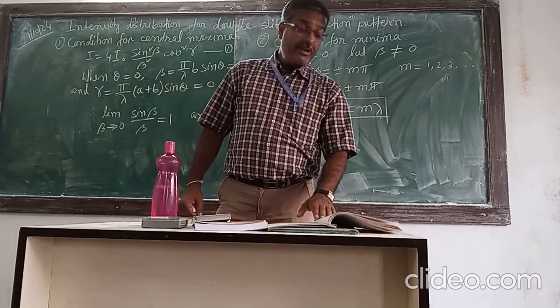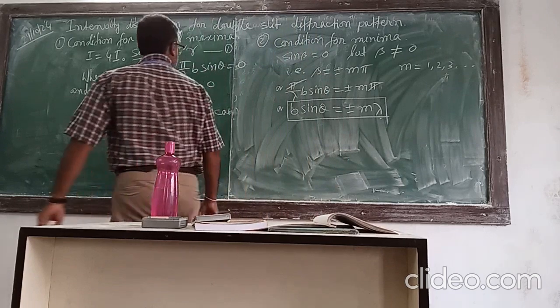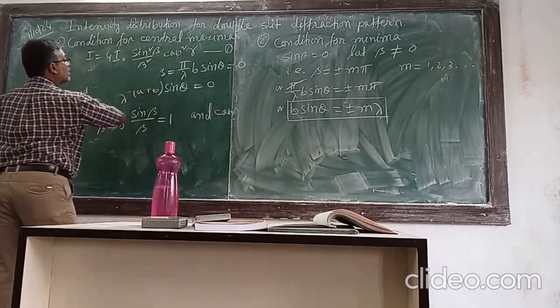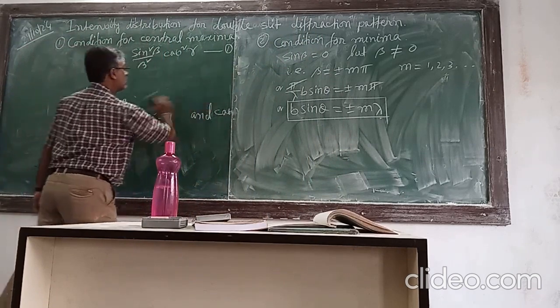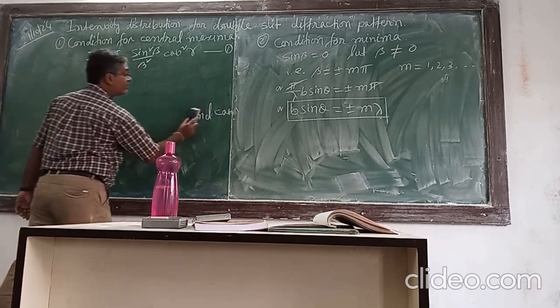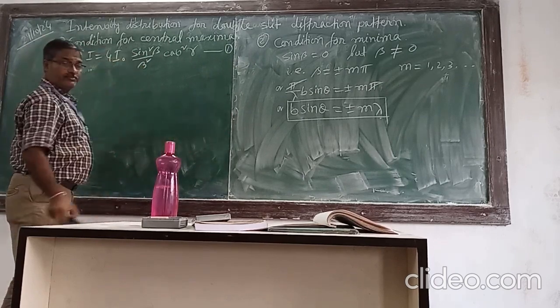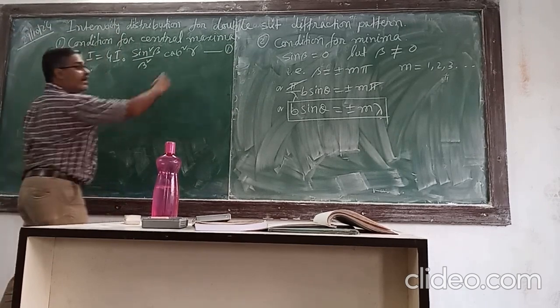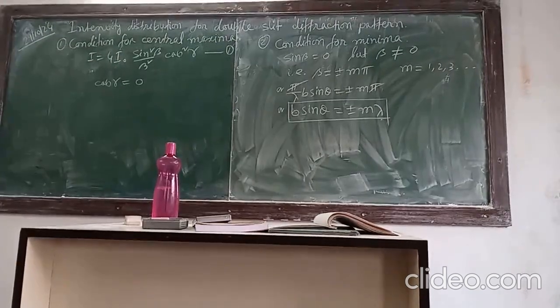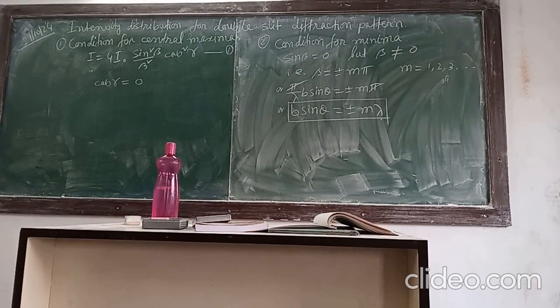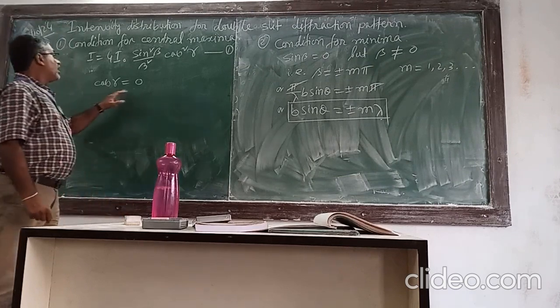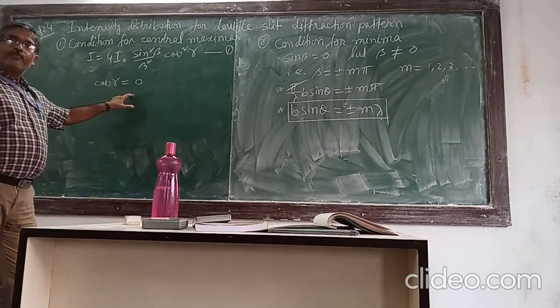For interference minima, this is the term for interference: cos gamma equals 0.